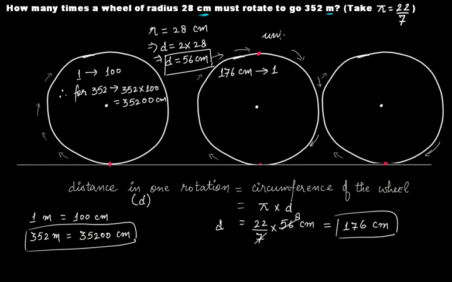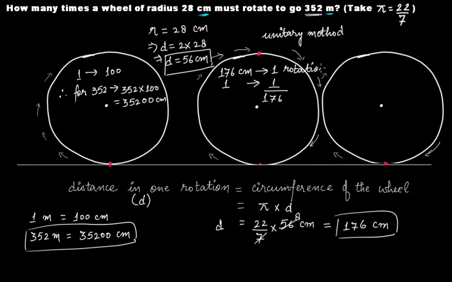Now, in 176 centimeters, you take one rotation. Here I'm again using the unitary method to explain what you will do to find the number of rotations if the wheel covers the distance of 352 meters. So for 176 centimeters, the wheel takes one rotation. Therefore, for 1 centimeter, this will be 1 over 176 rotations.